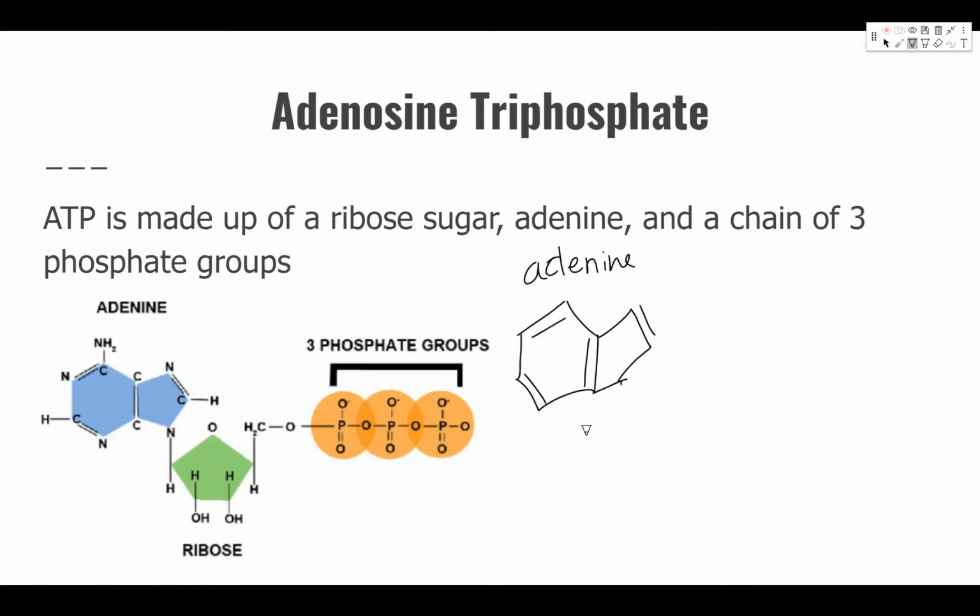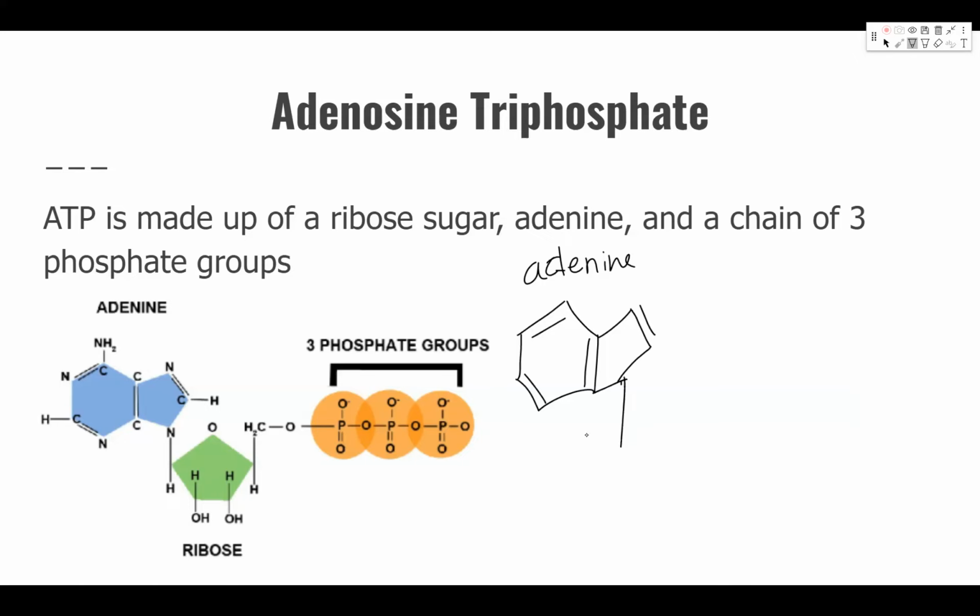If you want to throw the little elements in there, you can. You definitely do not have to. This is the same adenine that is in our DNA. Those are the A's in the ATGCs. Same thing. We're just using it for something else. Adenine group. We then have a ribose sugar.